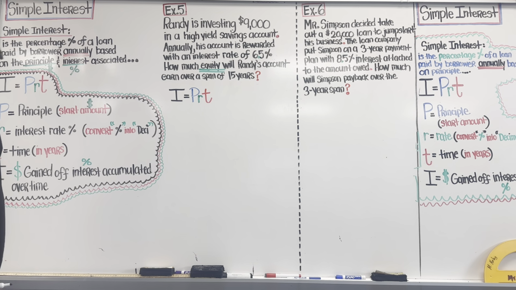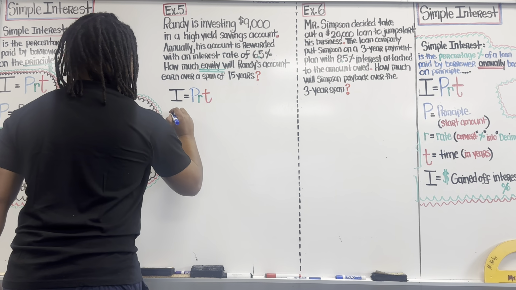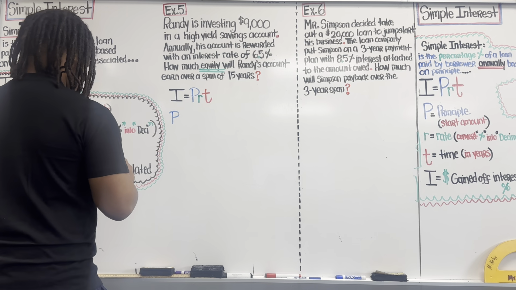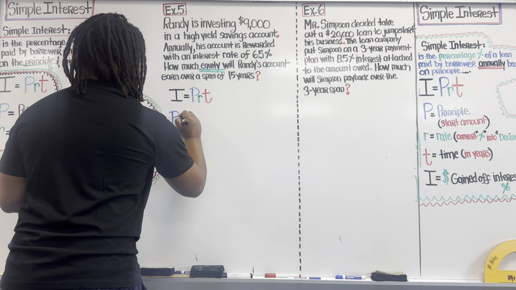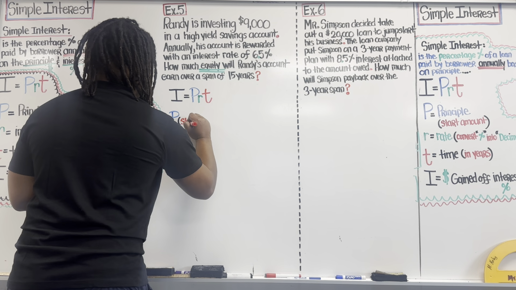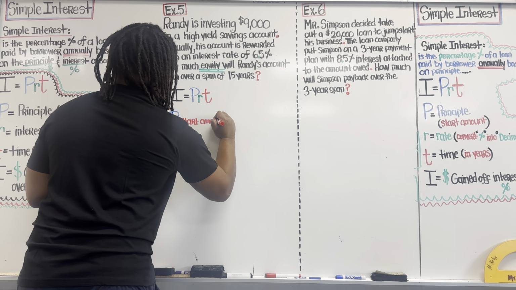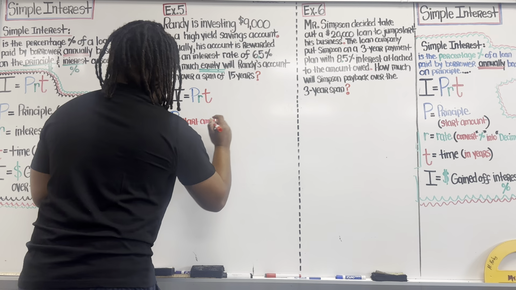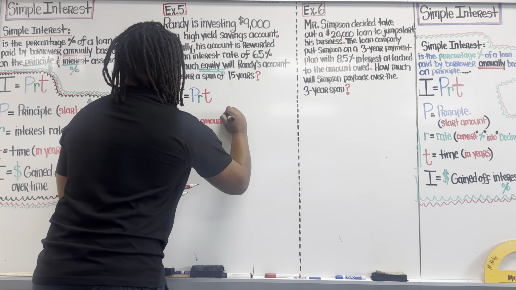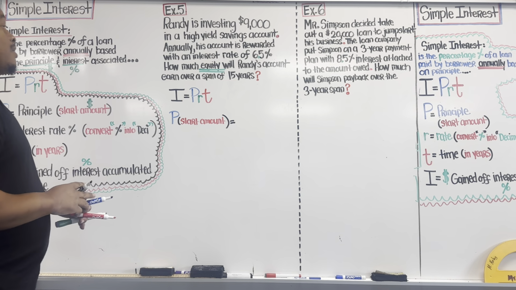So let's go ahead and solve, guys. Let's go ahead and start off with P. P is the principal or the start amount, right? Remember, P is the principal, rather known as the start amount, okay? So whenever you hear me say principal, I'm talking about the initial amount that was invested or taken out as a loan, whatever the problem is asking or telling us, okay?